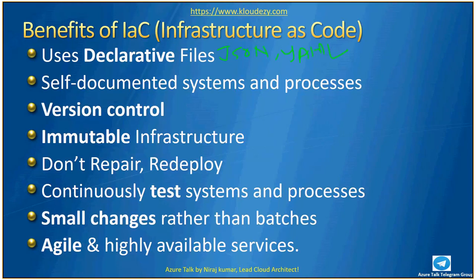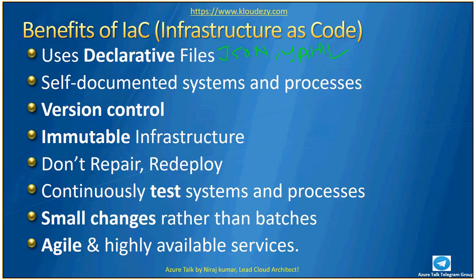The second thing is it will be declarative. Declarative means that people who have been using PowerShell know that even though PowerShell automates things, they have to write a script where they have to do all the conditional loops and all the error handling, everything. It's just that they have written it in code.